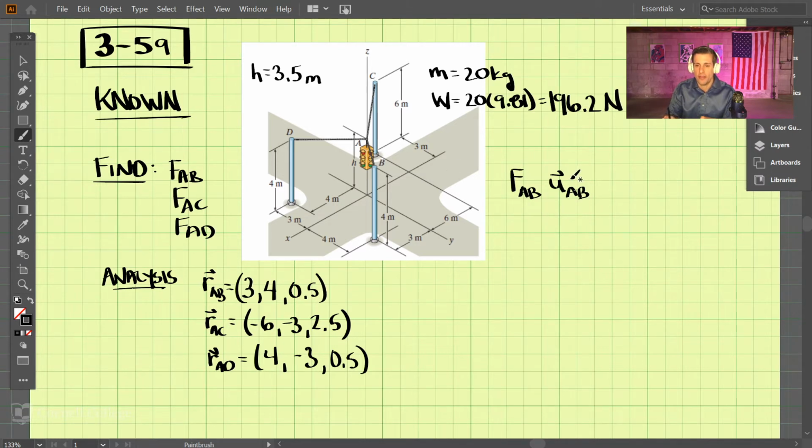All right. So this is really what we want to do for each one of these forces to formulate our forces. So we need to transfer these position vectors to unit vectors.